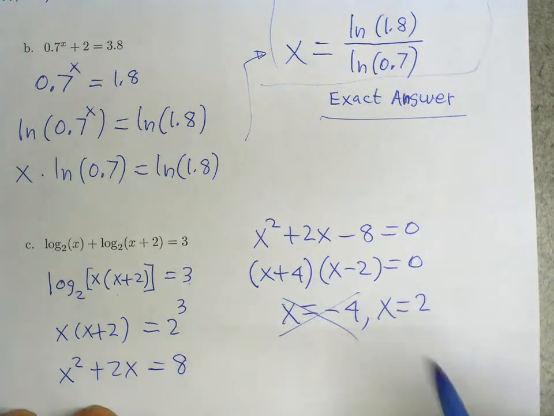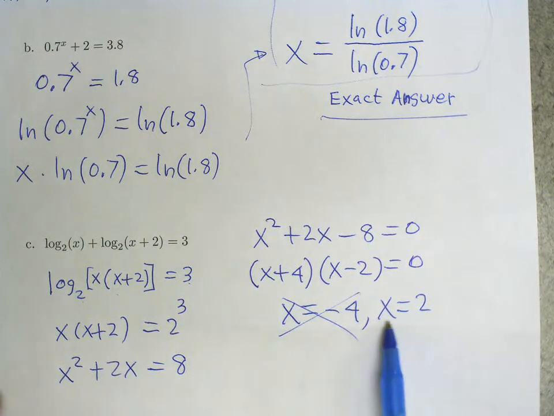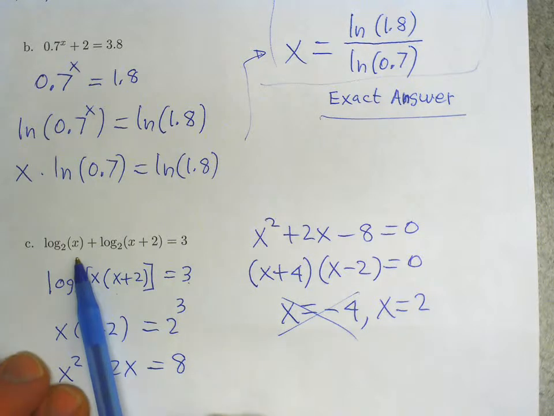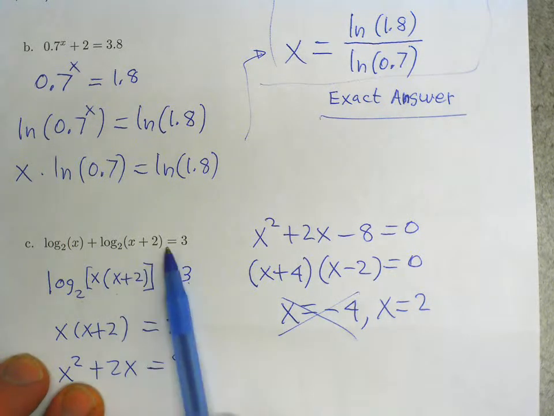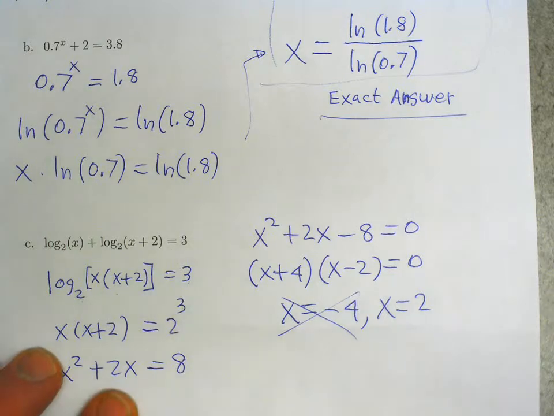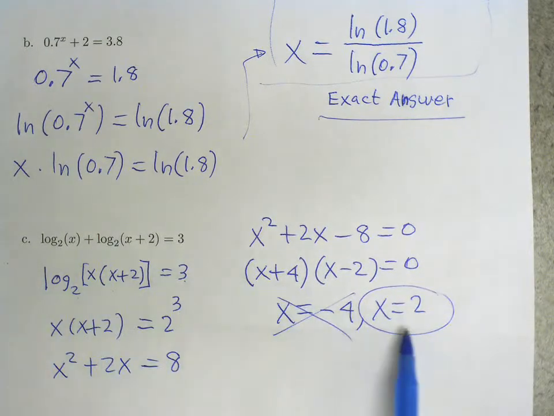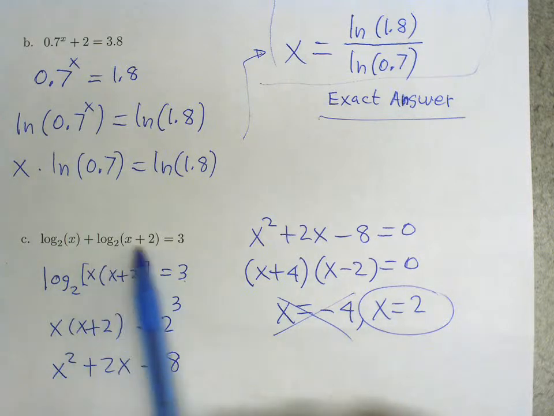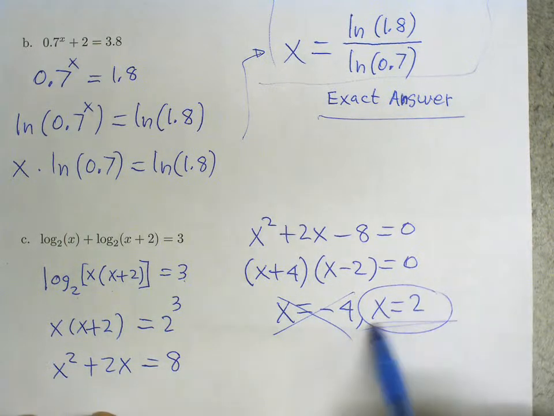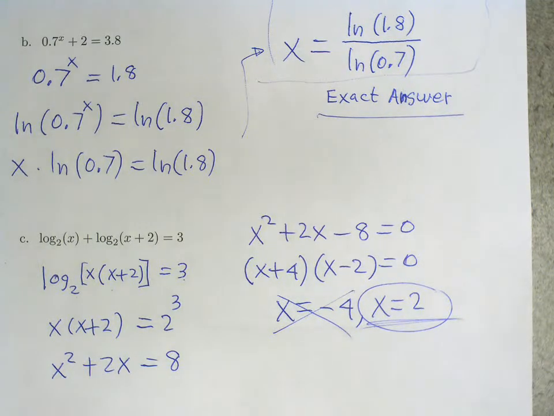So negative 4 cannot be a solution. X equals 2. Well, log base 2 of 2, that's okay. And log base 2 of 2 plus 2, that's also okay. And you can do the logarithmic arithmetic to verify that the 2 really is the solution. But for now, I'll just say that x equals 2 is the solution.